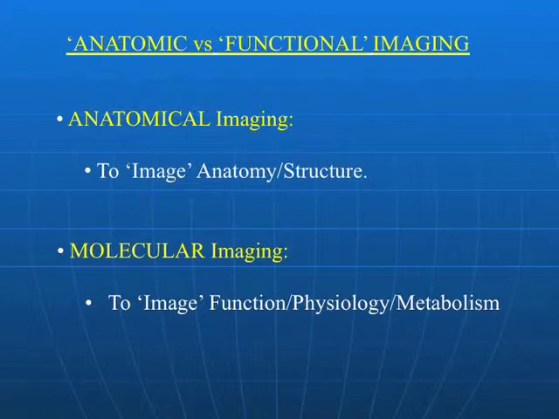Basically, we're imaging the function, whatever you want to call it, physiology or metabolism of the body. And we do that by introducing trace amounts, less than a billionth of a gram, of a radioactive substance, which goes to some tissue in the body, and the body then radiates this information out to the camera, in that case the PET camera, and from that it creates this image.